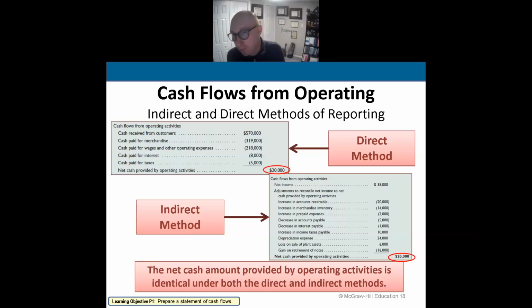The indirect method is a little bit more complex. The way we find it is by taking all the non-cash accounts.